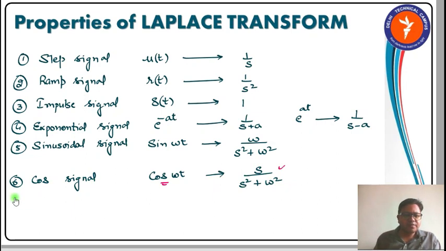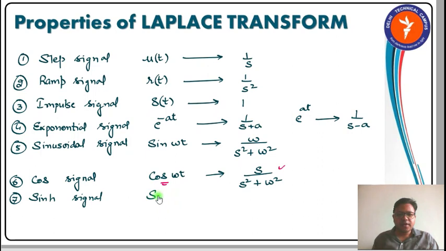Let us move ahead. Say I have sine hyperbolic omega t, then its Laplace transform would be omega divided by s square minus omega square.